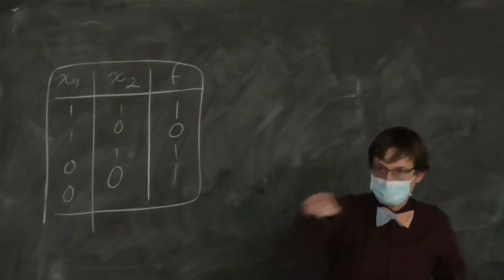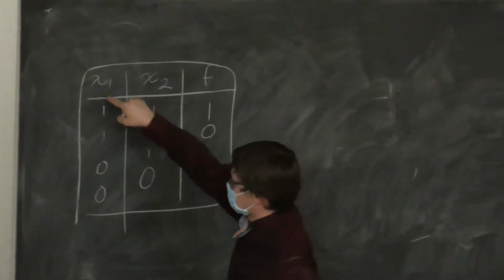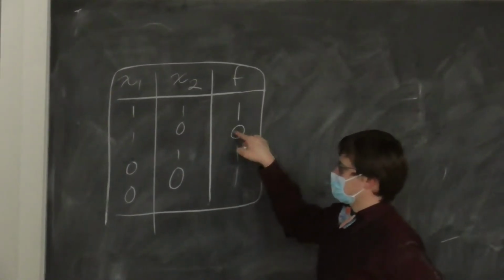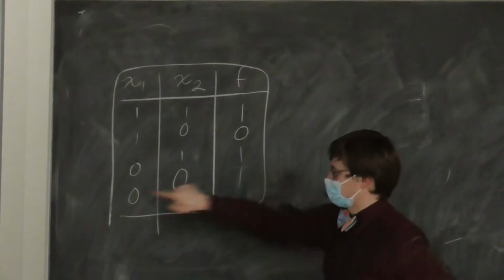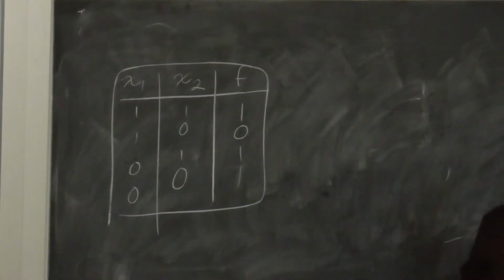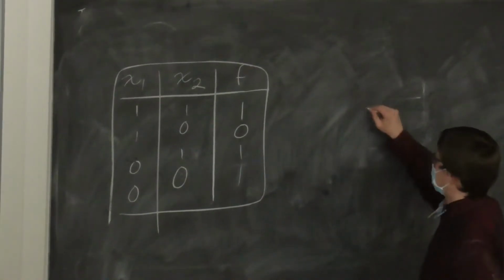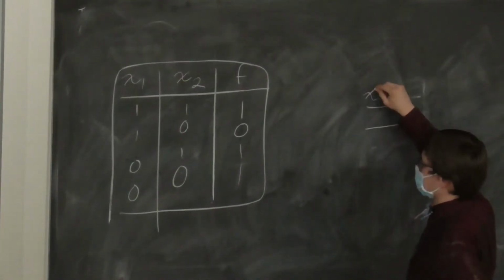Invert x1 and then run them through the OR gate. Yes, invert x1. So if we invert x1, 0, 0, this becomes 0. That's a 1, so there, and there, and there. So, in fact, we can express that whole thing much more simply.